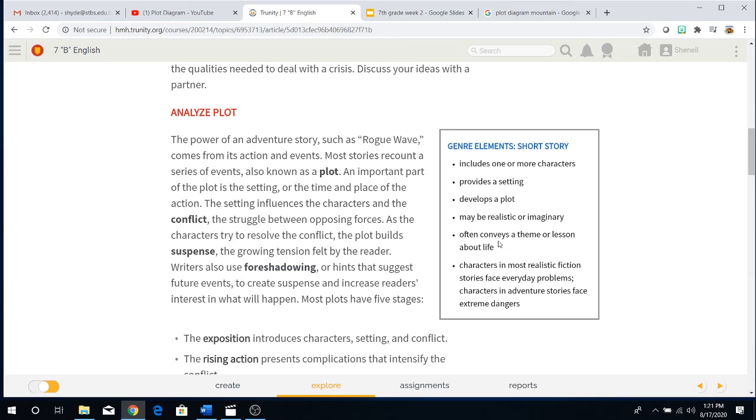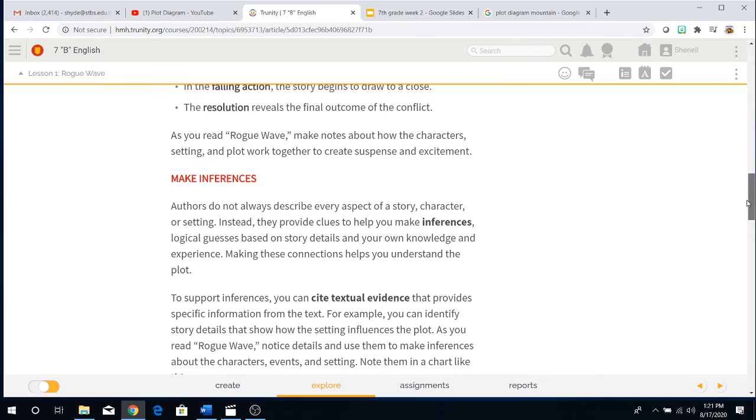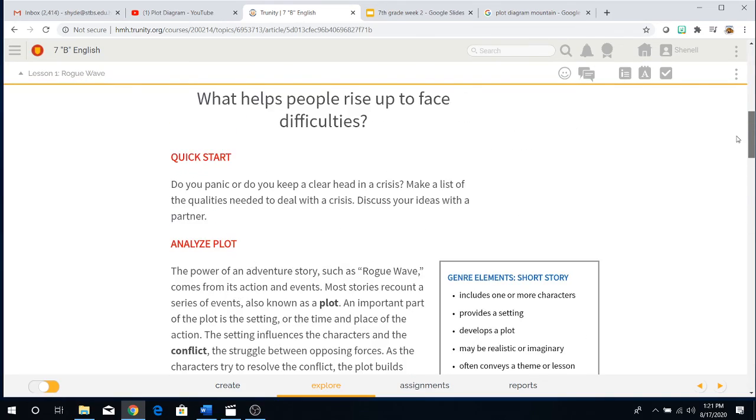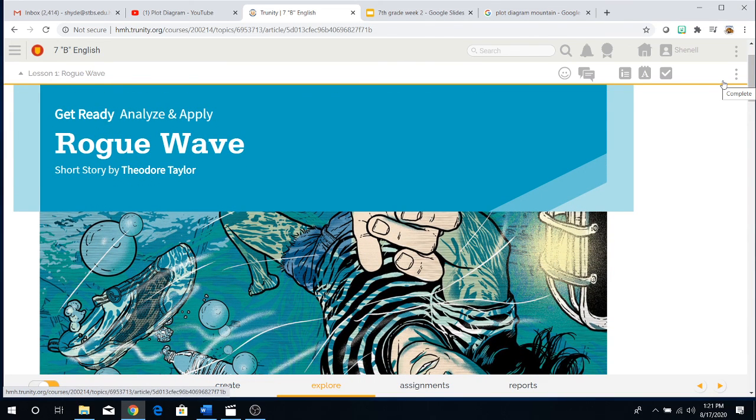And when I say convey, it means it's transmitting or trying to teach you a lesson about life. And then finally, the characters in most realistic fiction stories face everyday problems. Characters in adventure stories face extreme dangers. So that's basically what we need to know about how to analyze plot. So you guys can go ahead and start reading Rogue Wave. But remember to take that into consideration first.